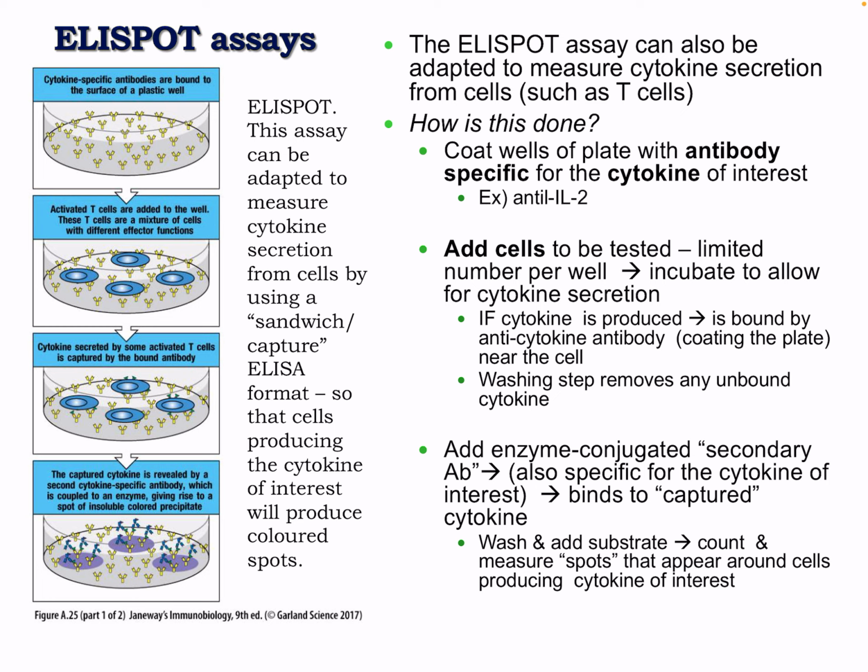The ELISA spot assay can also be adapted to measure cytokine secretion from cells such as T cells. So we want to measure Th1 cells releasing interferon gamma, for example. We can coat the wells of the plate with antibody specific for the cytokine of interest. So here we're talking about anti-IL-2. We add cells to be tested with a limited number per well. So we add a bunch of T cells.